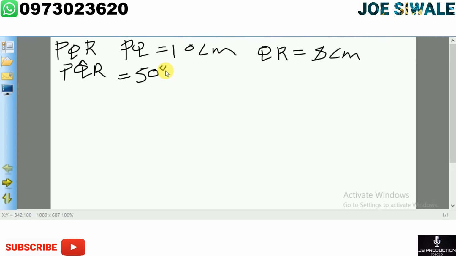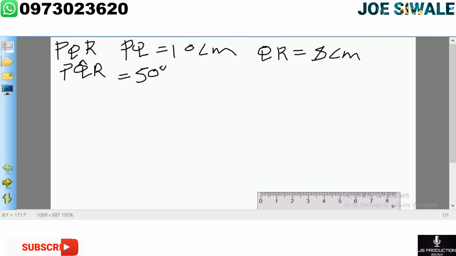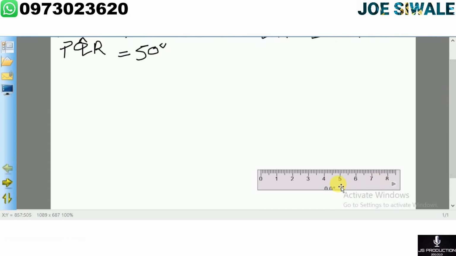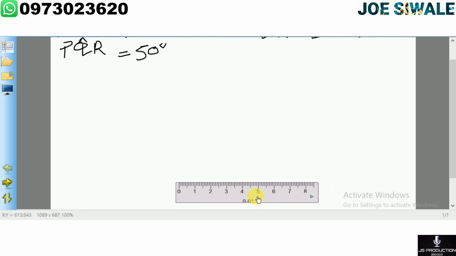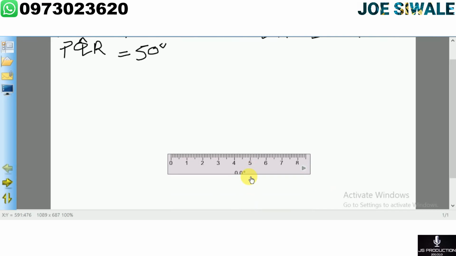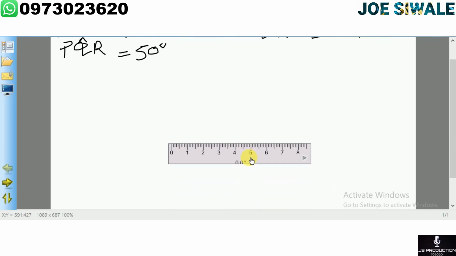So the first thing that I'm going to do is to draw the line PQ, which is 10 centimeters, and to do that I'm going to put my meter there, here on the middle.